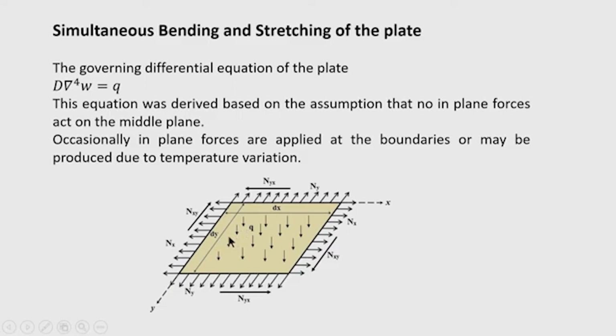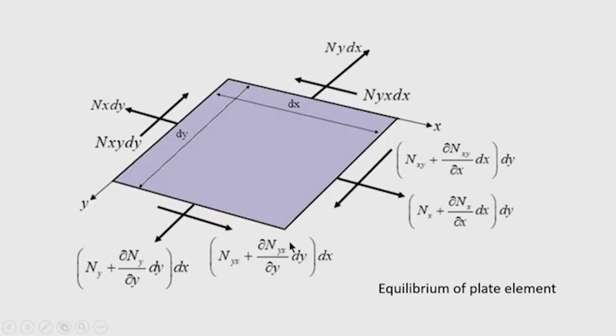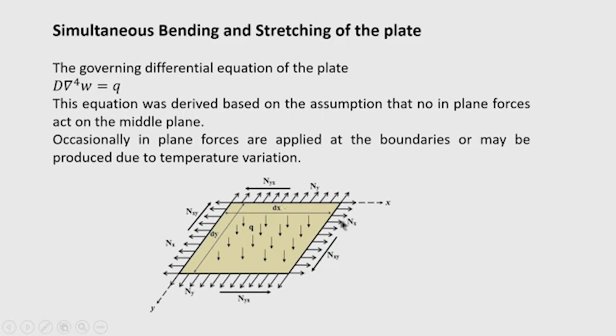Okay. Now, in this figure you are seeing that the plate is subjected to in plane forces. Okay. So, what are the in plane forces? One is the force Nx, that is the axial force along the x direction, that is acting on a side which is parallel to y axis, there is the Nx, the axial force, and we take here the Nx is uniform along this direction.